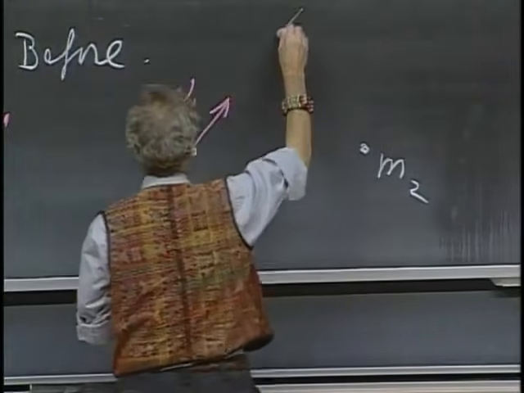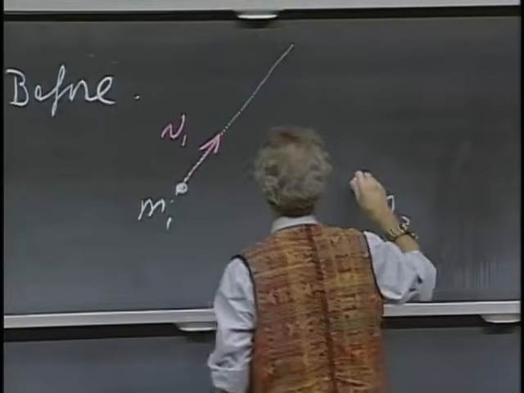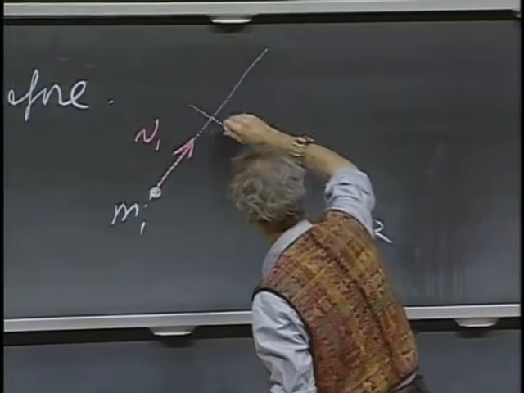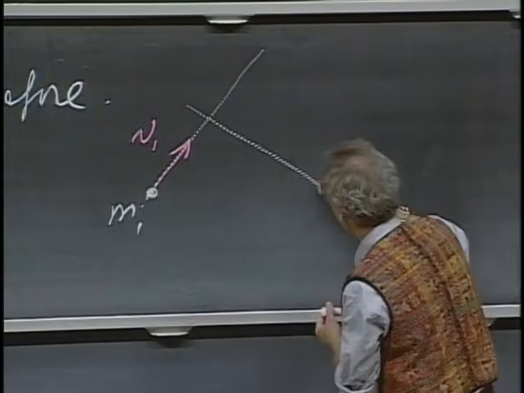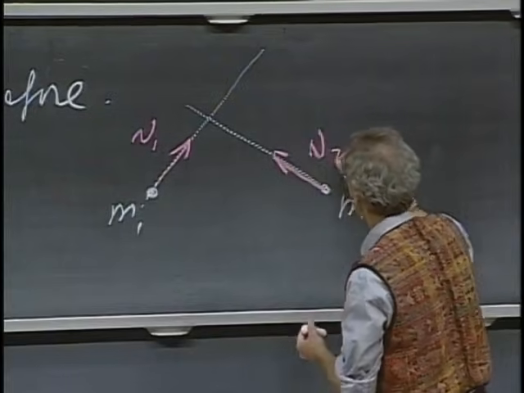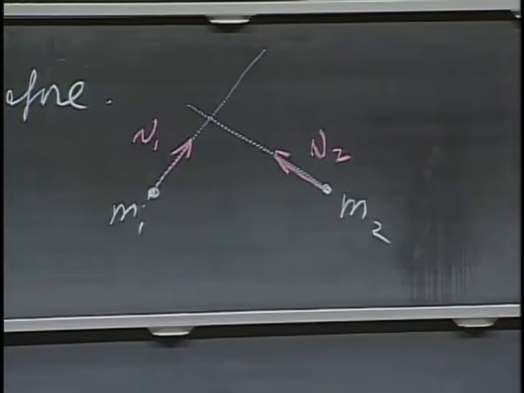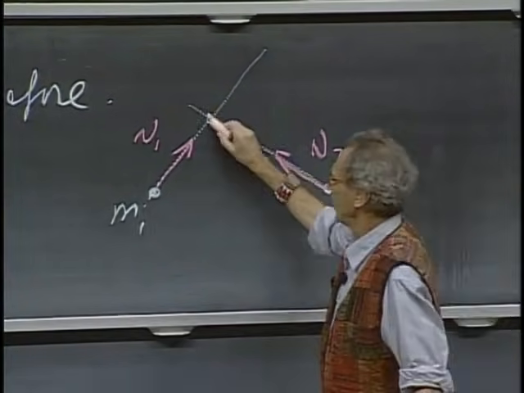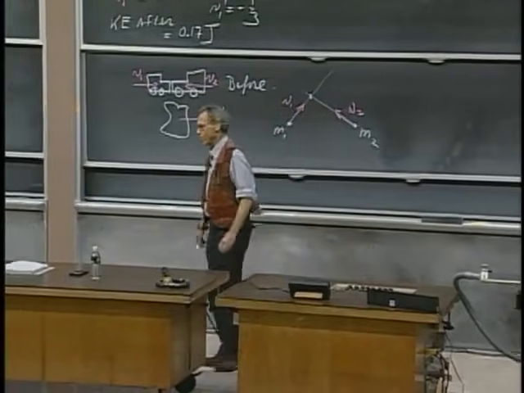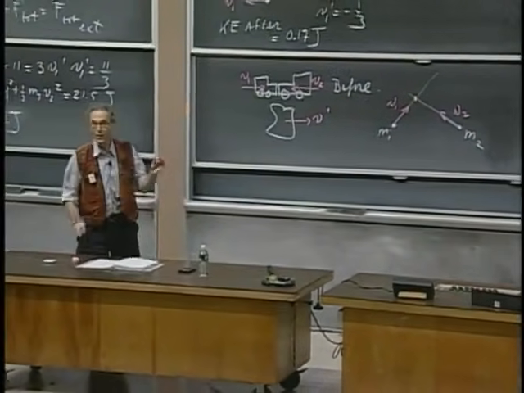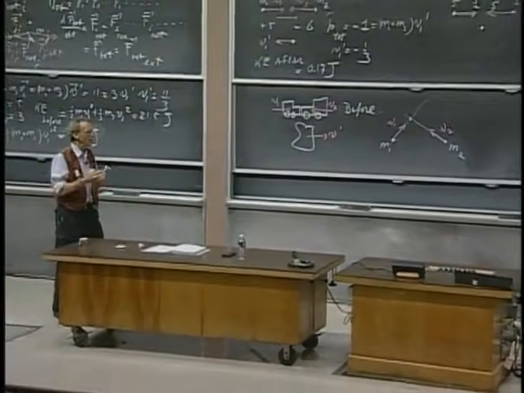This is the direction for this car, and this is the direction in which the other car is going, velocity v2, and tragedy has it that this is the place where they're going to collide. In what direction and what will be the speed after the collision?